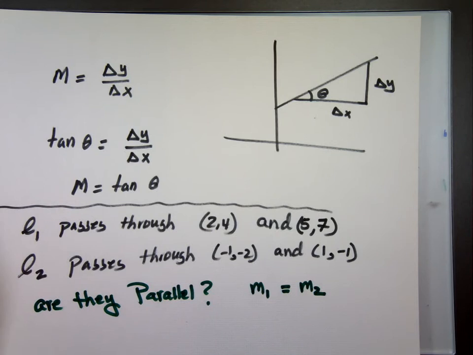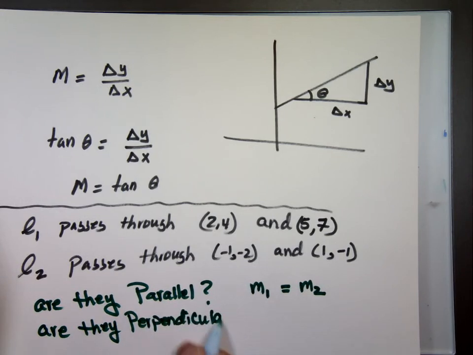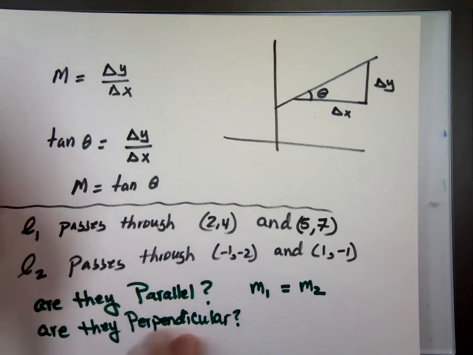My next question was, are they perpendicular? Without graphing them. Perpendicular means, by the way, they cross at a 90-degree angle, like an intersection on the road. How do we know if the two lines are perpendicular?